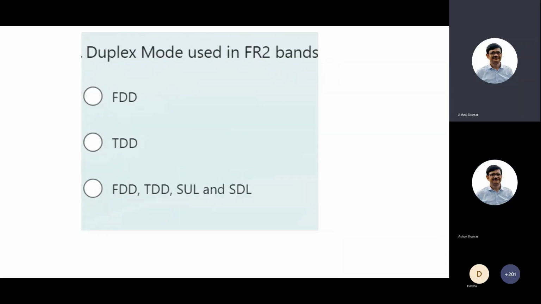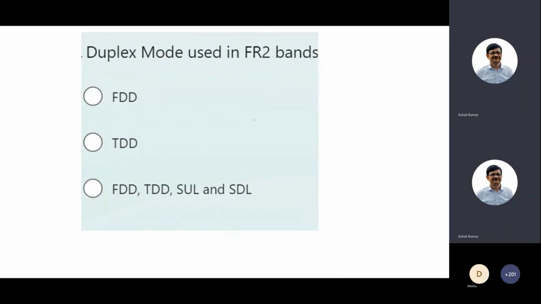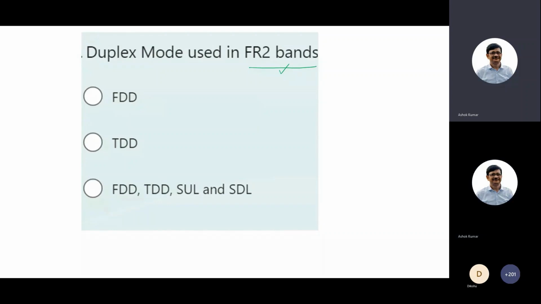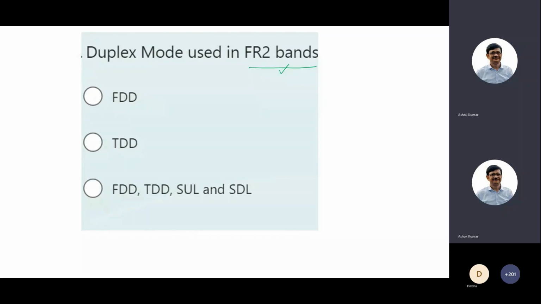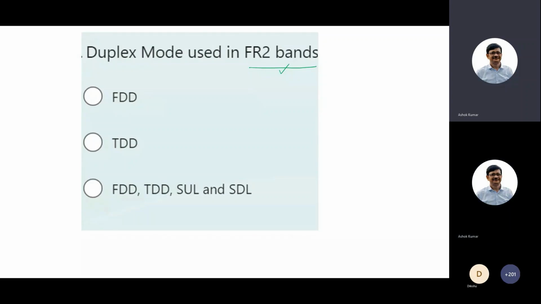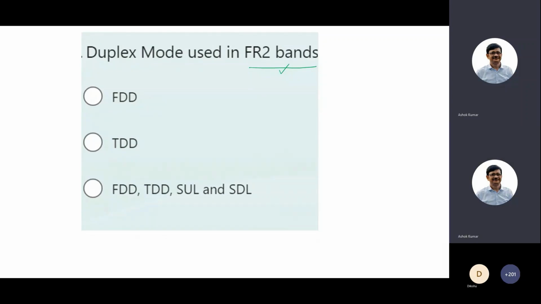Okay. Again, which are the duplexing mode used in FR2 band? Just read the question. In FR2 band, which we saw, band 258, 259, 260, 261. What is the duplexing method used? So your answers are correct, which is TDD.